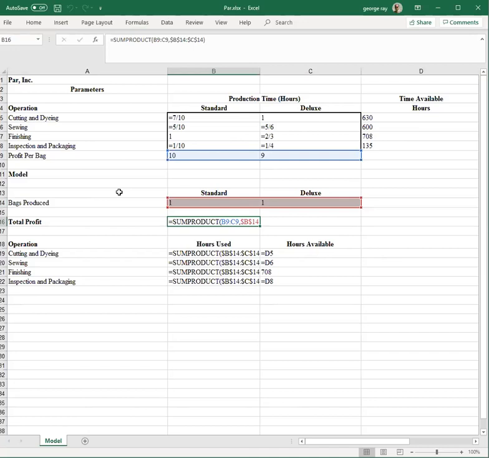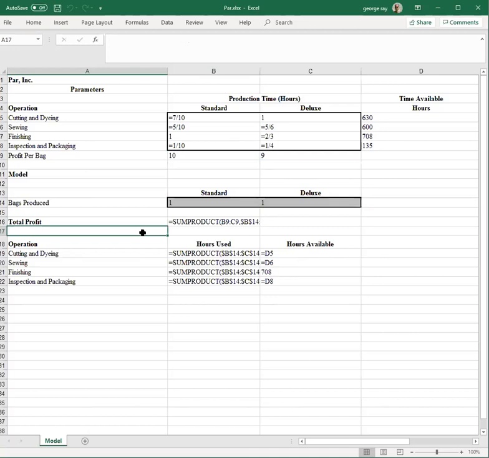In this, we multiply the number of bags produced for standard and deluxe, which is B14 and C14. And we multiply those by the profit per bag we get for each type, B9 and C9. And the result of that SUMPRODUCT is going to give us the total profit we have for producing the bags we have indicated. So currently I've only put a 1 for a standard bag and 1 for a deluxe bag as placeholders.